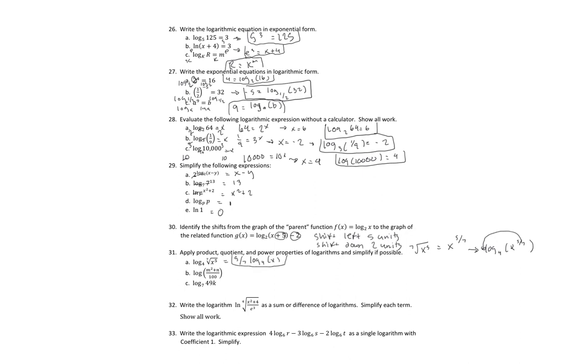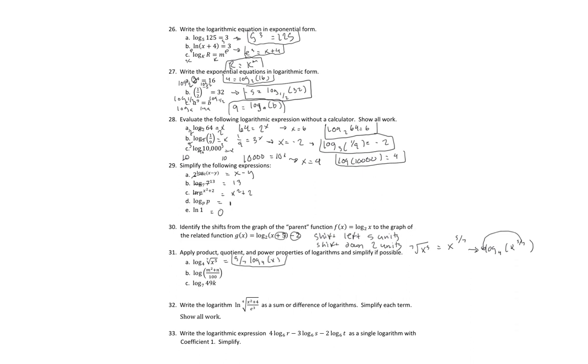All right, so then if we go to this one, we have log of m squared plus n over 100. Remember that if we have something being divided or multiplied in a log, there are specific rules that apply to it.